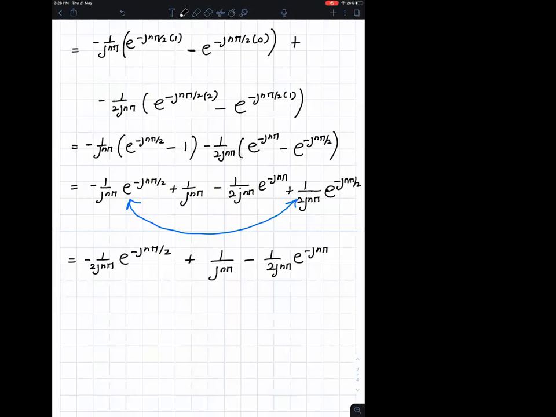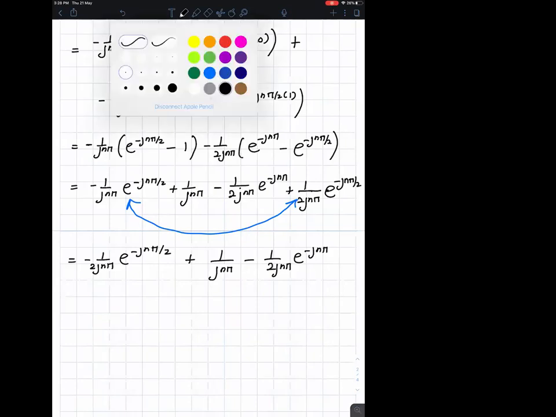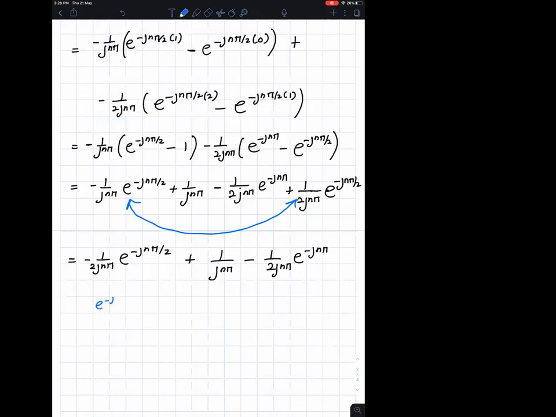Okay, now let's look for opportunities to simplify this further. We know from last time that e to the minus jn pi is minus 1 to the power of n.